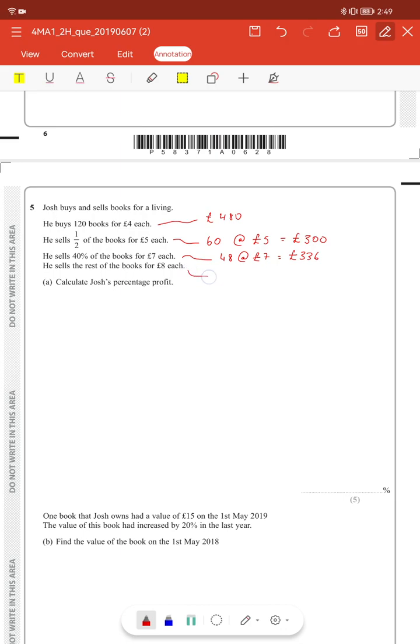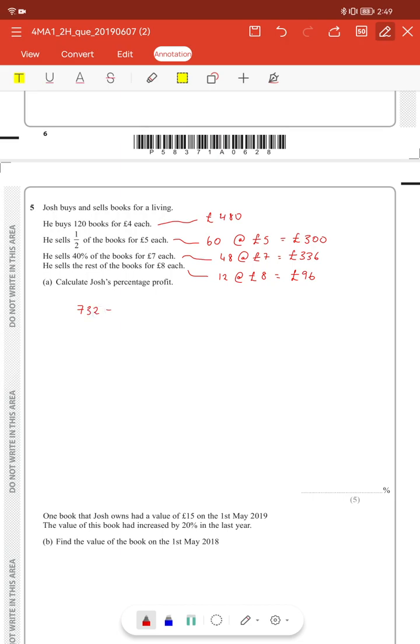So in total, so far, he sold 108 books, so he sells 12 books at £8, which is £96.